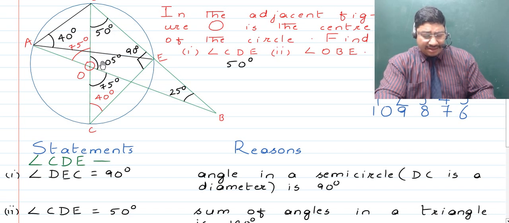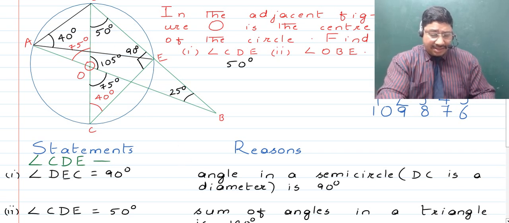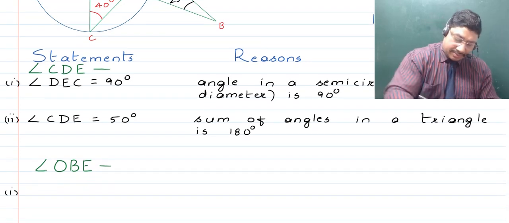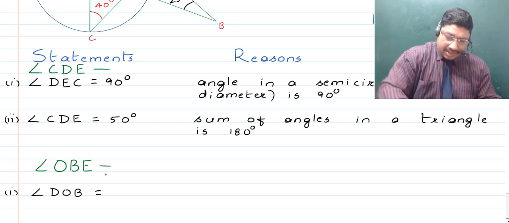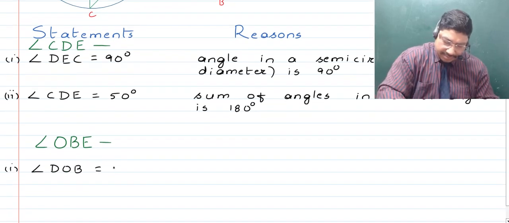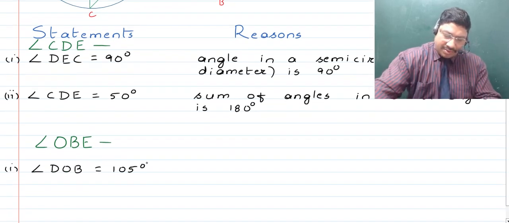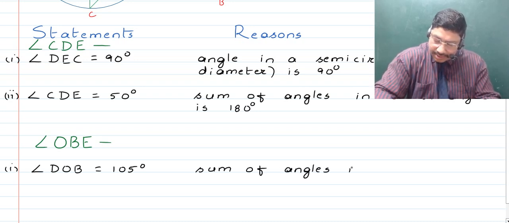We just found out this angle by linear pair, and that is the first thing that you're going to now write. That is angle DOB is equal to 105 degree. And here you will write the reason: sum of angles on a straight line.